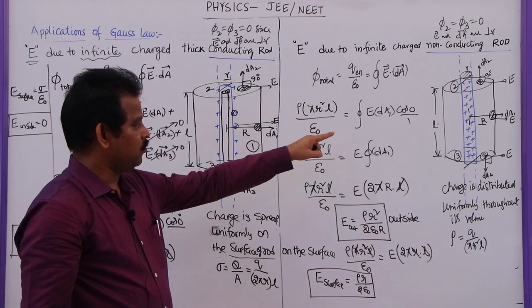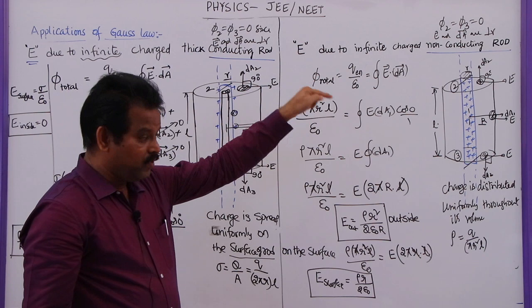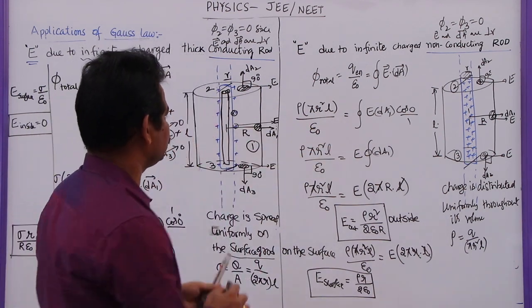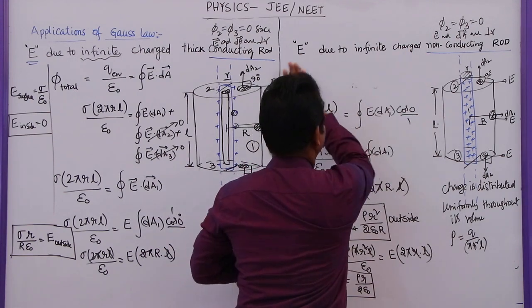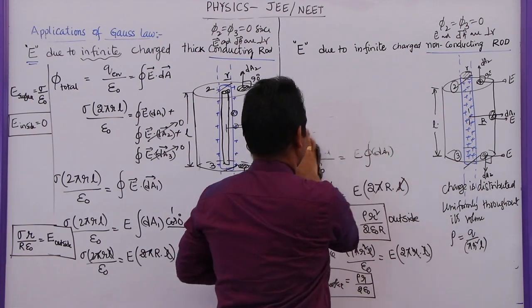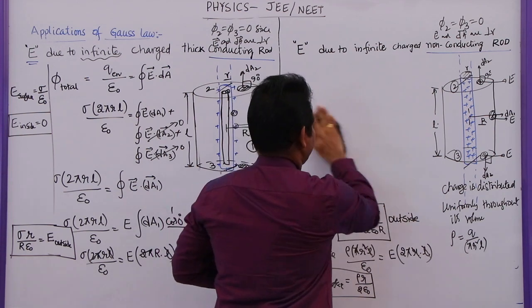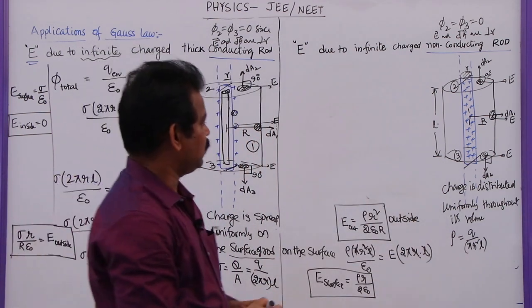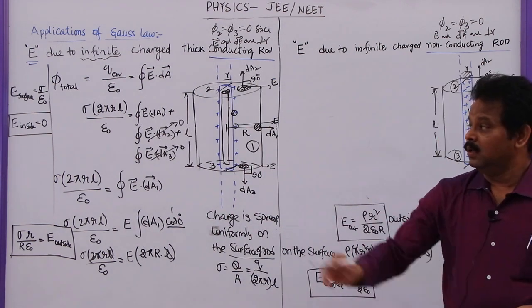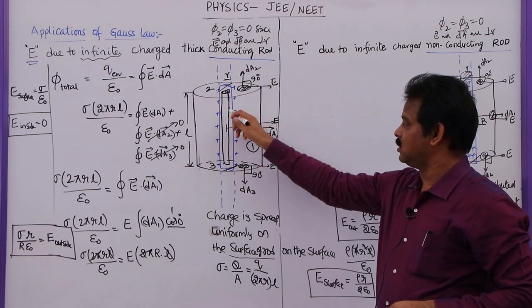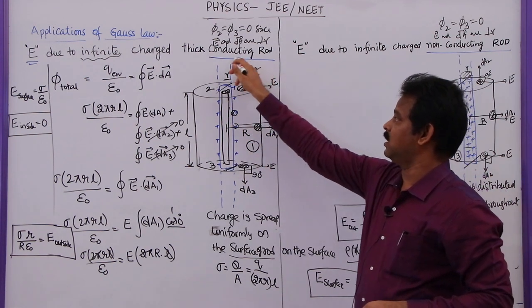Now, if I want to find the electric field within the rod, that means inside the rod. In that case, there is no charge enclosed by the Gaussian surface that we are constructing inside the rod, as it is a conducting rod.